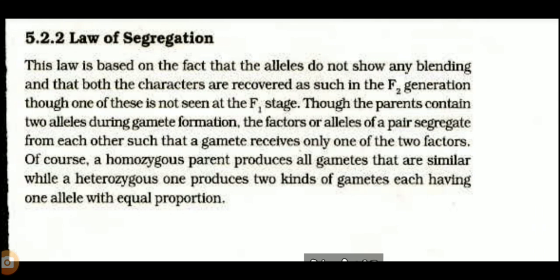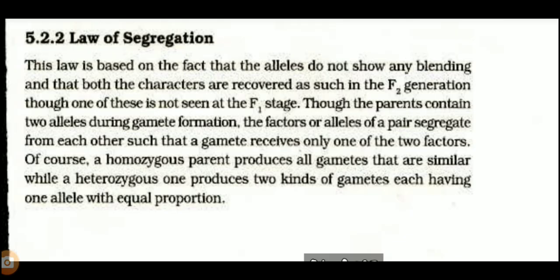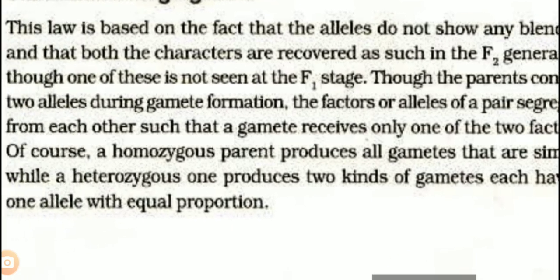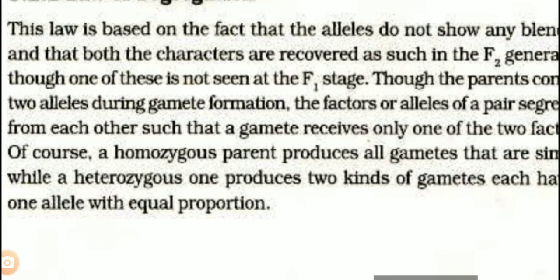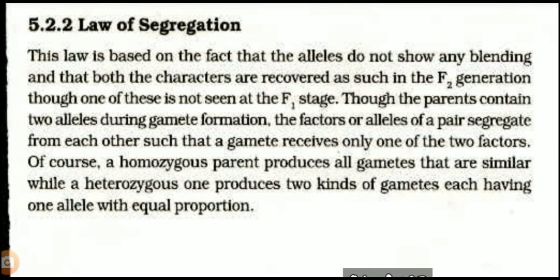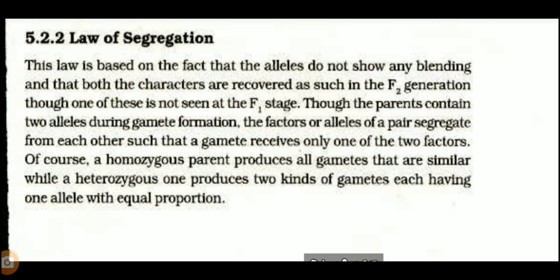Though the parents contain two alleles, during gamete formation the factors or alleles of a pair segregate from each other such that a gamete receives only one of the two factors. Of course, a homozygous parent produces all gametes that are similar, while a heterozygous one produces two kinds of gametes, each having one allele in equal proportion. This is the law of segregation.